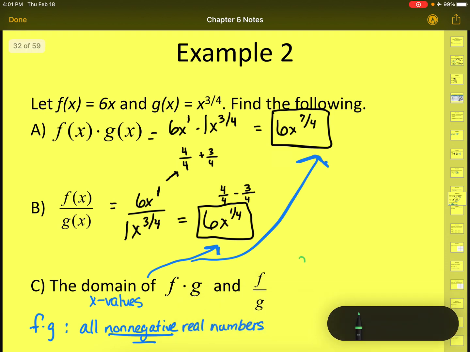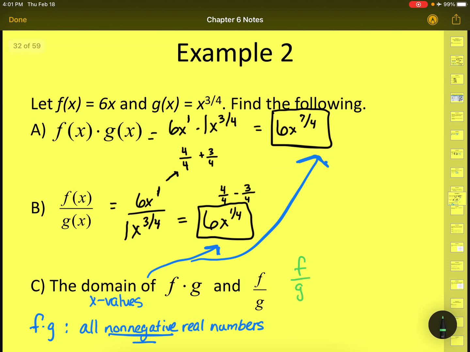And now let's think about f over g, or f divided by g. Well, let's see. If we're plugging it into our resulting function here, 6x to the 1/4, if I plug in any negative number, that's going to give me a big old error. Okay, and if I plug in 0, well, look back over here. These mean the same exact thing because they're equal to one another.